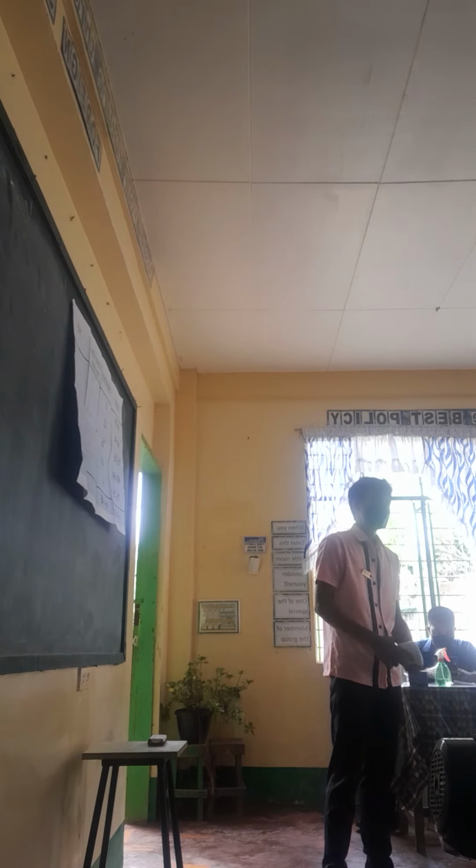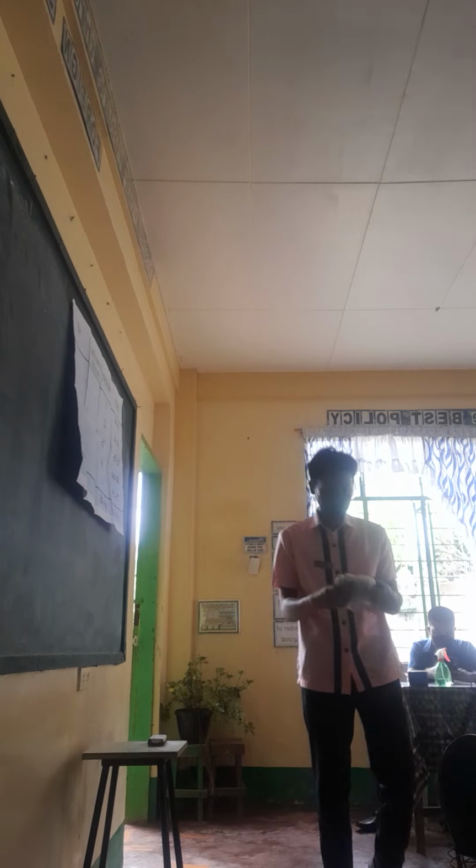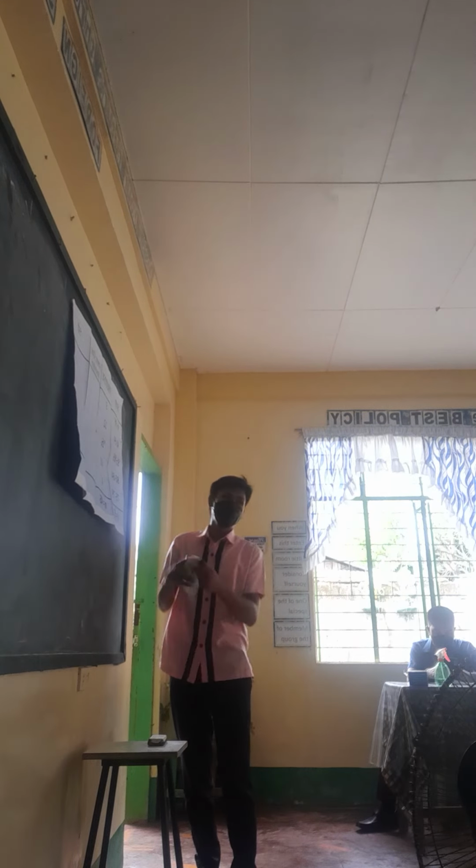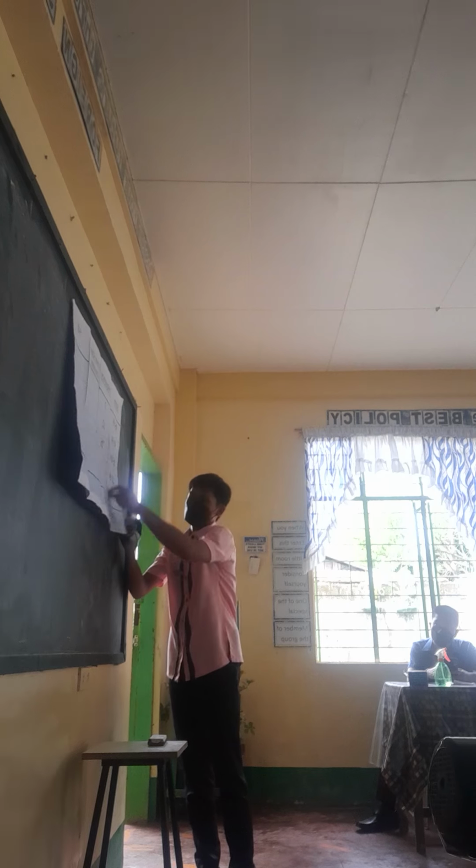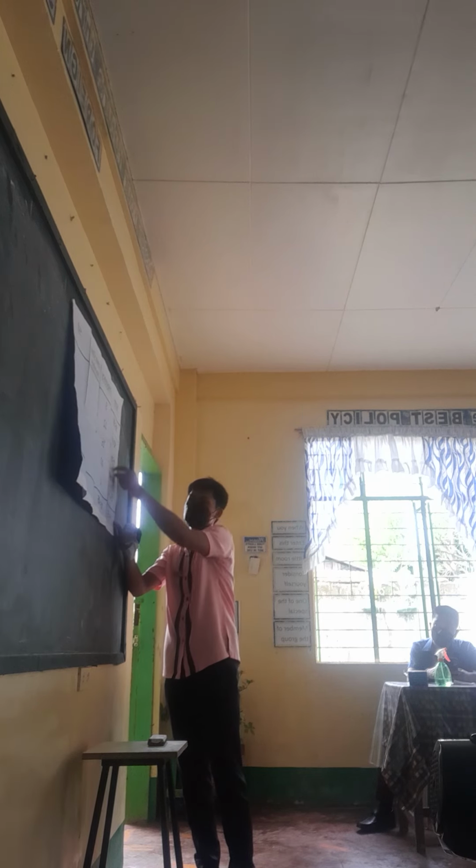So based on the definition, how are we going to solve for the lower class boundary? Anyone? The definition is that it is the average of the upper limit, so this is the upper limit and this is the lower limit.